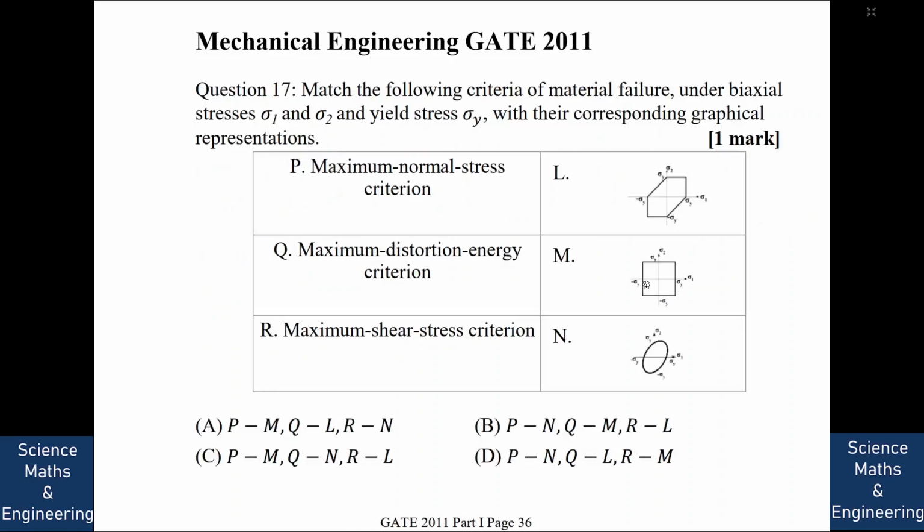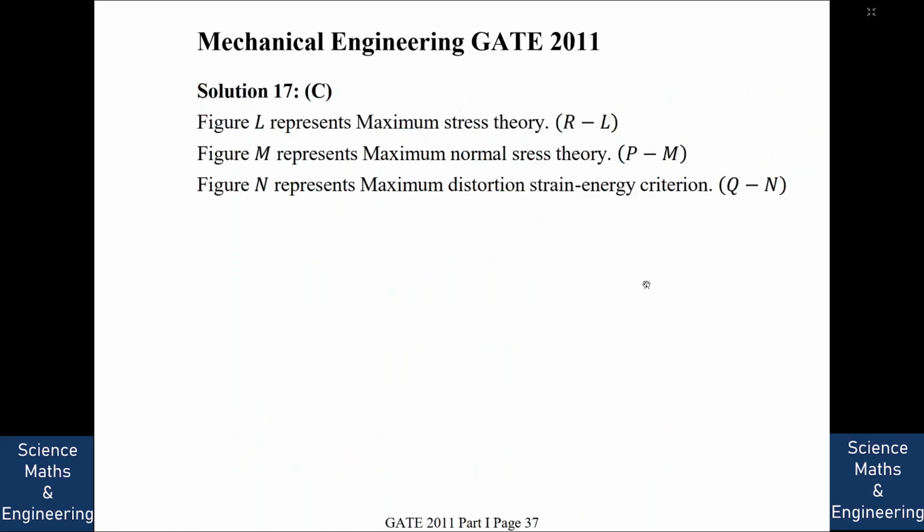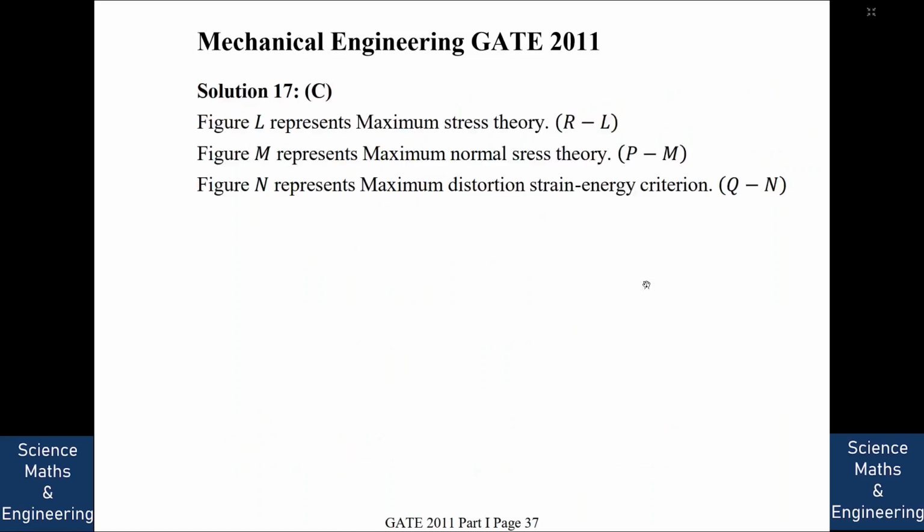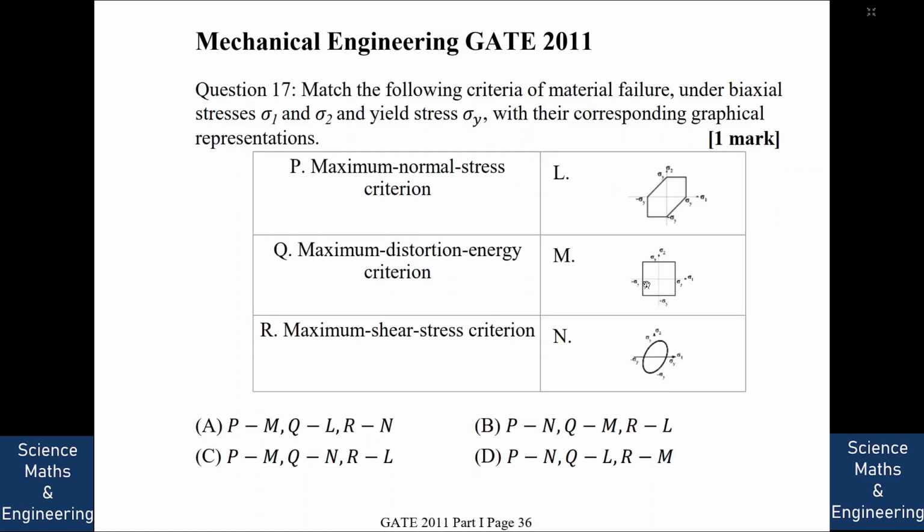Match the following criteria of material failure under biaxial stresses sigma 1, sigma 2 and yield stresses sigma y with their corresponding graphical representations. So these are basically graphical representations, and so the answer is C. Here figure L represents maximum shear stress criteria, maximum shear stress theory.